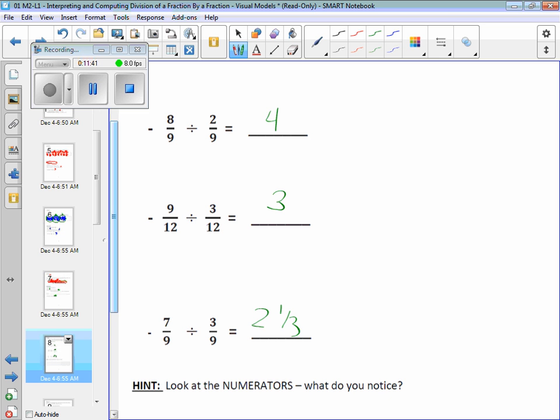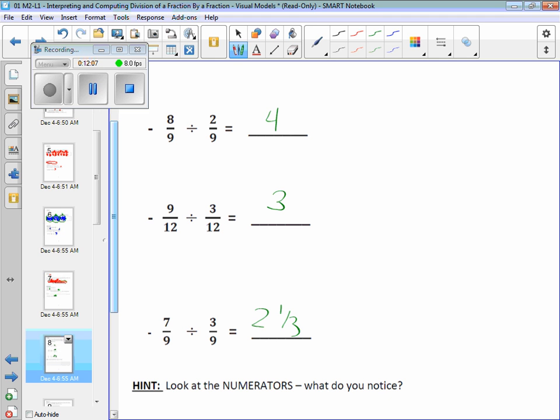All right, what do you say? It goes 4, 3, 2. Nah, that's just a coincidence. You don't even have to divide the denominator, you just divide the top number. Yes. Does everybody see that if the denominators are the same, all you're really doing is dividing the numerators? So what's 8 divided by 2? 4. What's 9 divided by 3? 3.